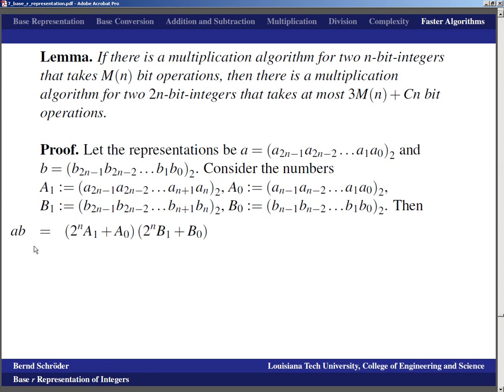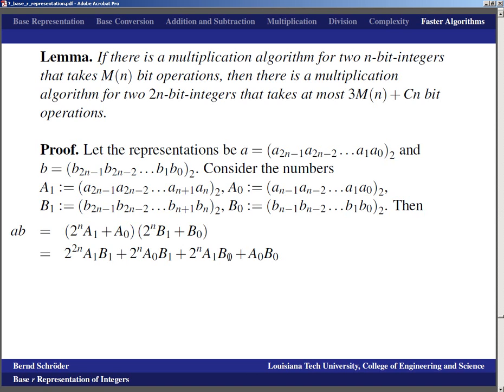Well, then A times B is (2^n A1 + A0) times (2^n B1 + B0), and we can multiply that out. Of course that requires 4 operations, right? Because it's 2^n times 2^n, so 2^2n, times A1 B1, plus 2^n A0 B1, 2^n A1 B0, and A0 B0.